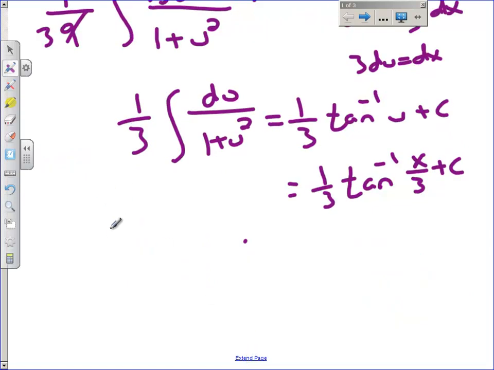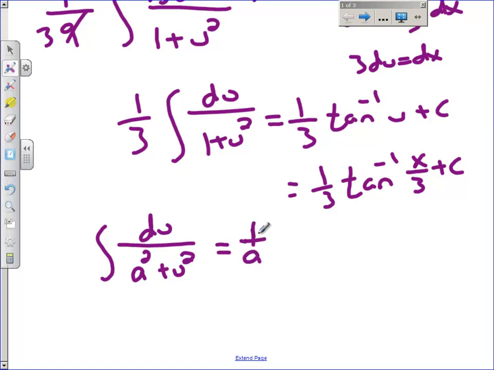If you are integrating du over a squared plus u squared, your answer is 1 over a times the arctan of u over a plus c. So let's see how that would have worked in my problem.